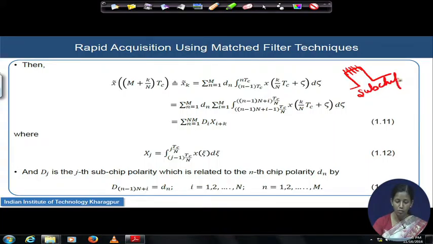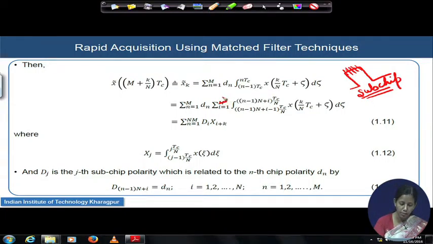To introduce the concept of this subchip level, remember here we have introduced another variable i, say i also varying from 1 to capital M. So within it I have a capital M number of chips, and inside that I have a capital N number of subchips.